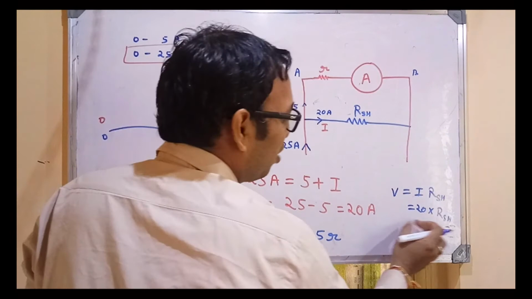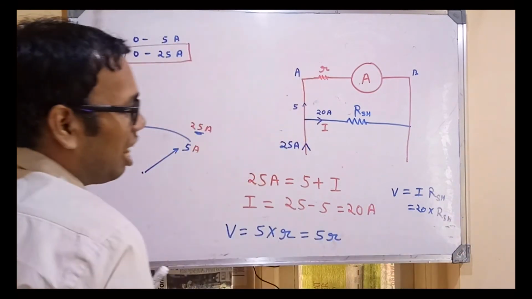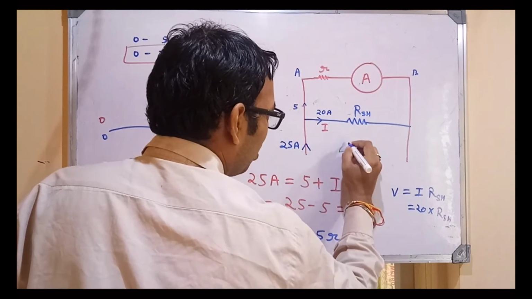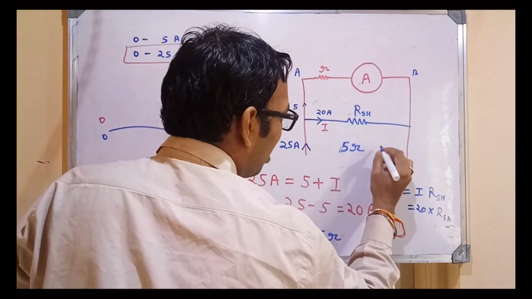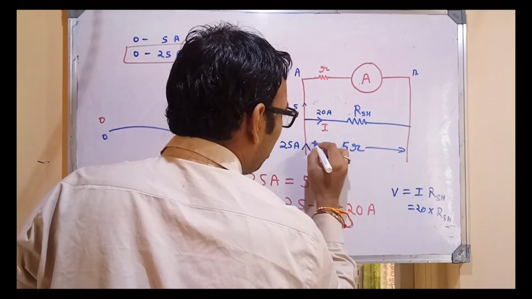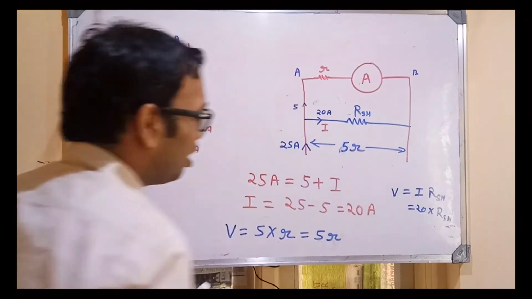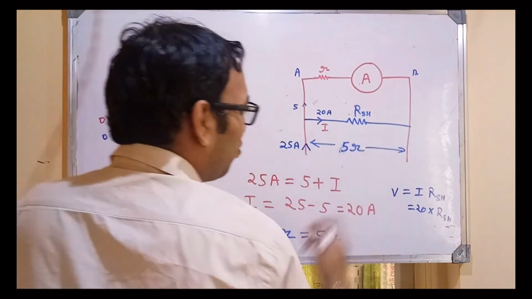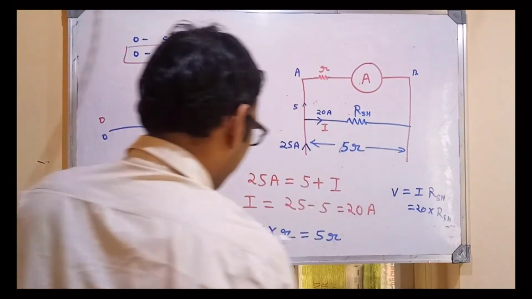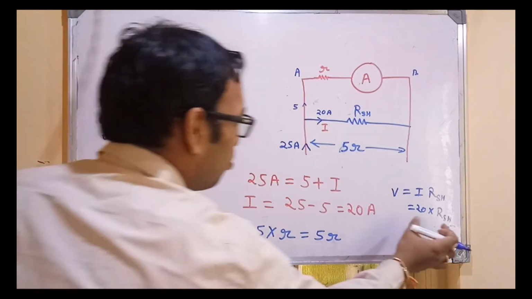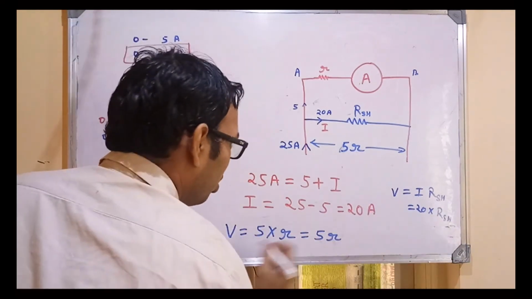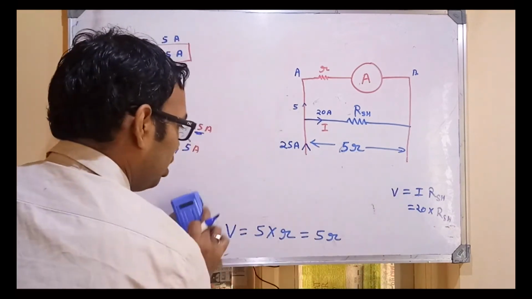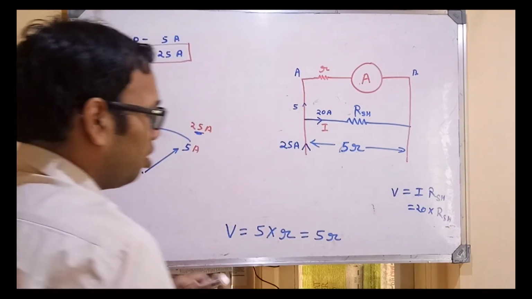So we know the voltage, we know the current, then we can find the RSH. The voltage across this terminal is 5r. Understand? So we put the value in the equation.